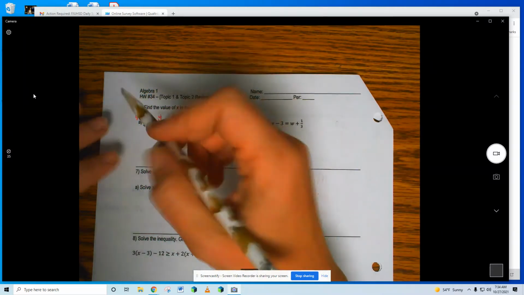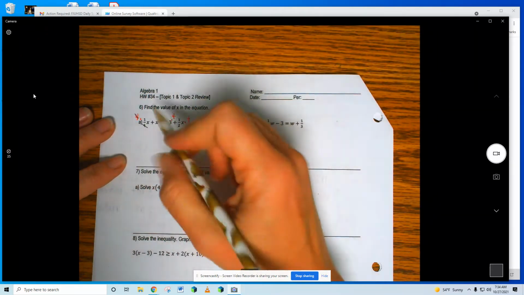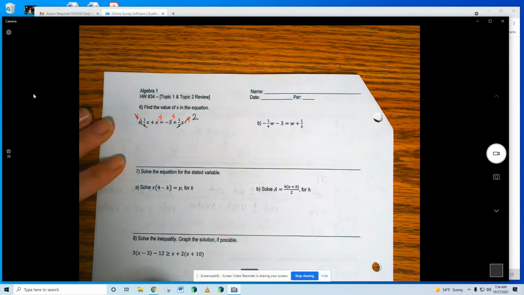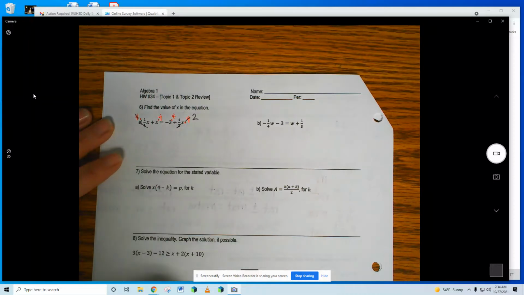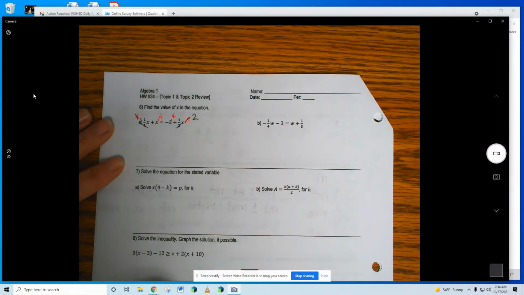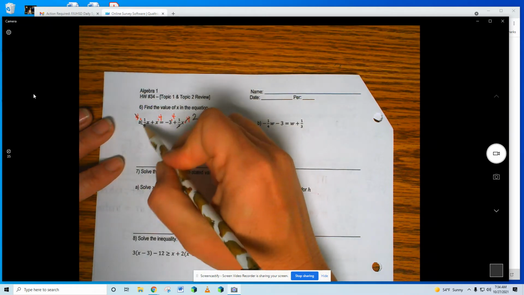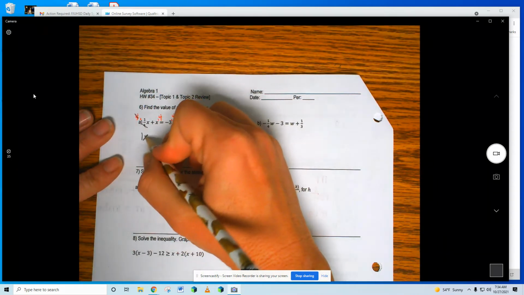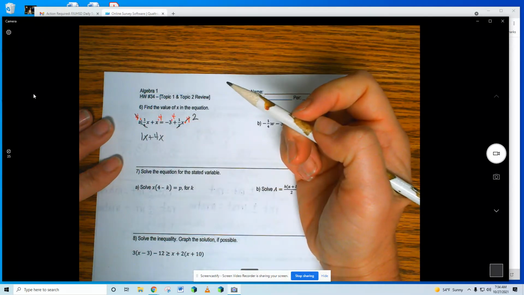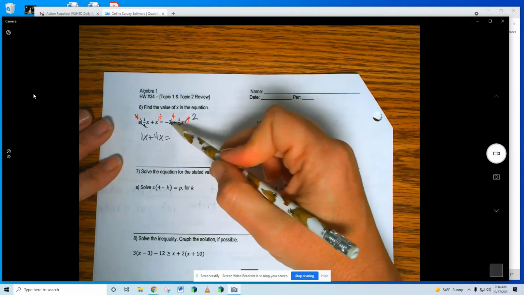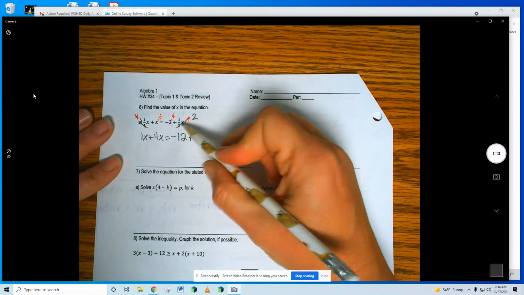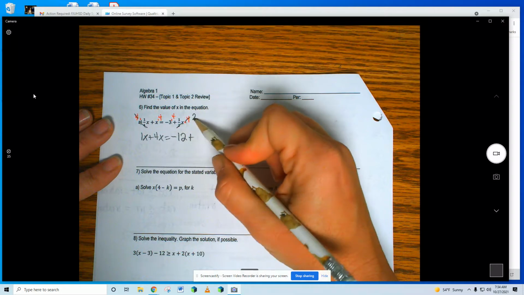So 4 goes into 4, cancels. 2 goes into 4 twice. So I'm clearing fractions. I'm getting rid of the denominators by multiplying by the common denominator. The 4 is canceled here, so this is 1x plus 4x, 4 times x, equals negative 3 times 4, negative 12 plus 1x times 2.